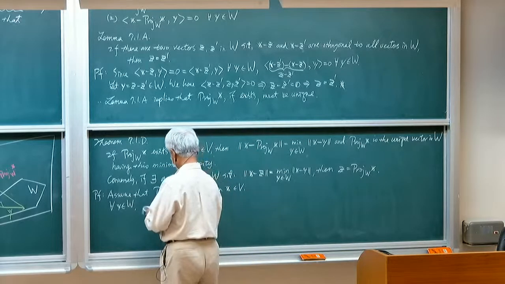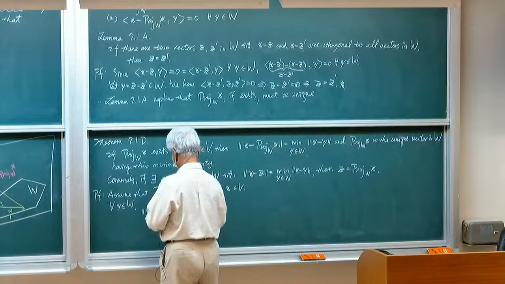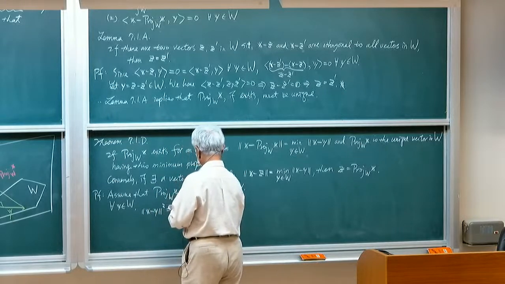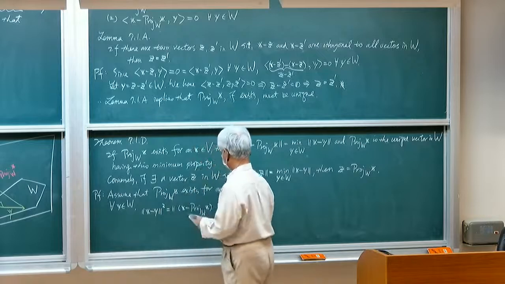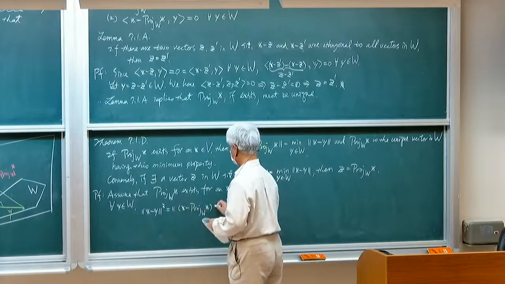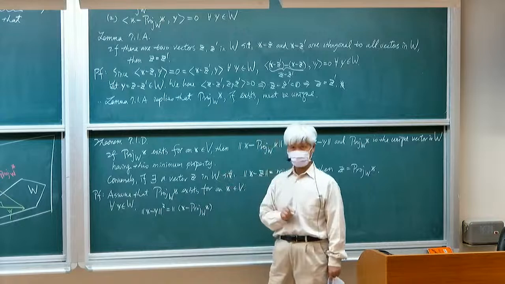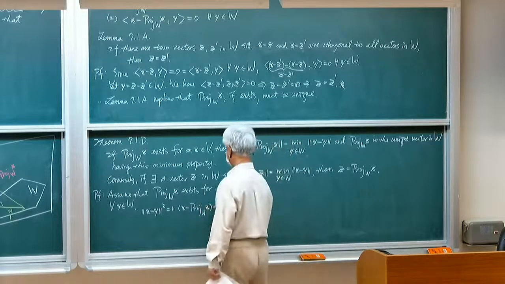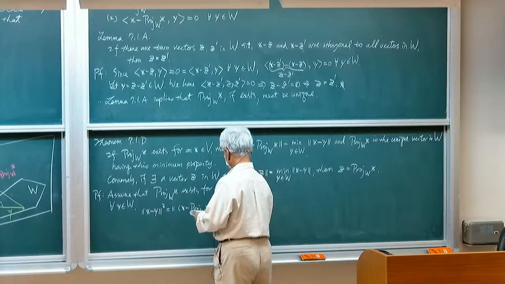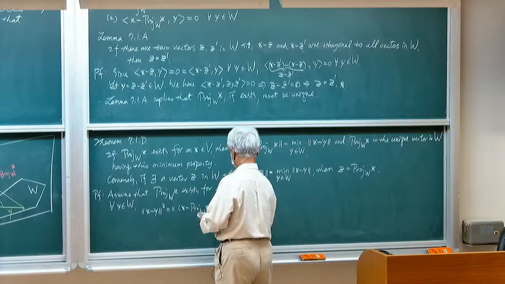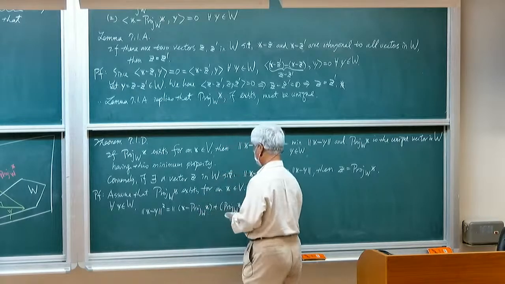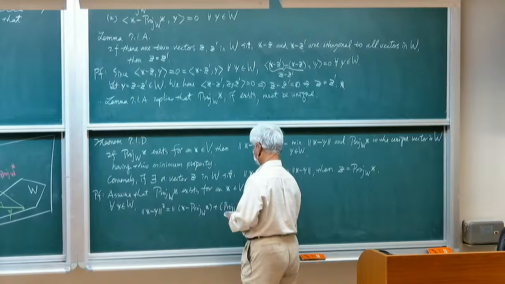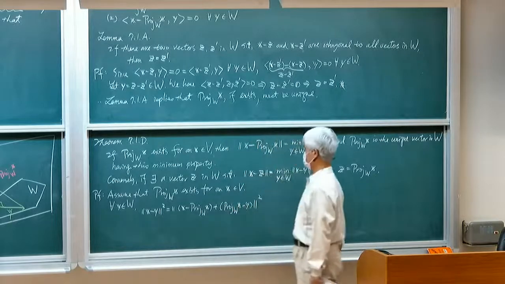And this one can be, so we will minus the projection, the orthogonal projection, because we assume the orthogonal projection exists. Okay, and plus the projection, square.